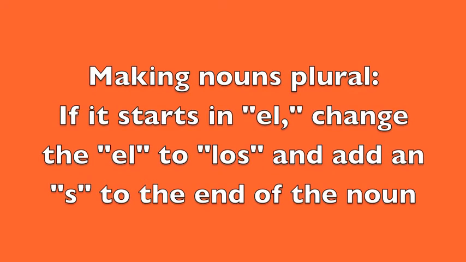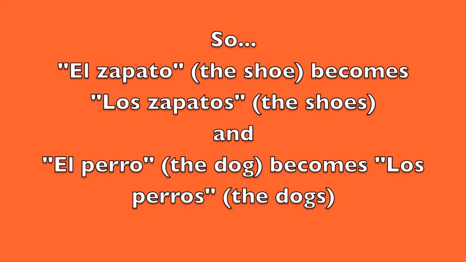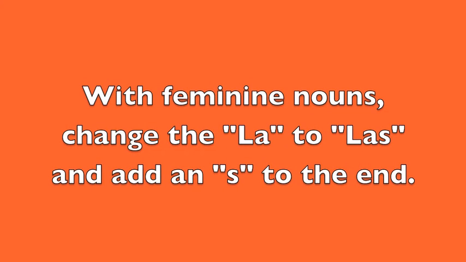Alright, so making nouns plural. If it starts in el, and you want to make it plural, change the el to los and add an S to the end of the noun. So, el zapato becomes los zapatos. And el perro, the dog, becomes los perros. With feminine nouns, you follow a similar pattern.